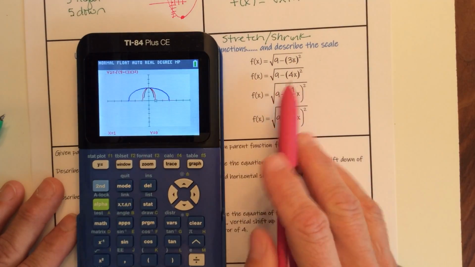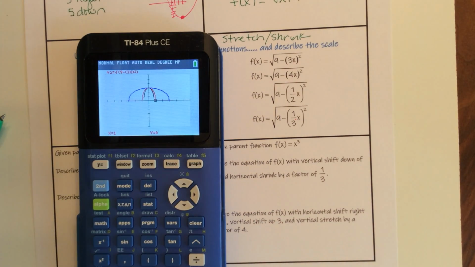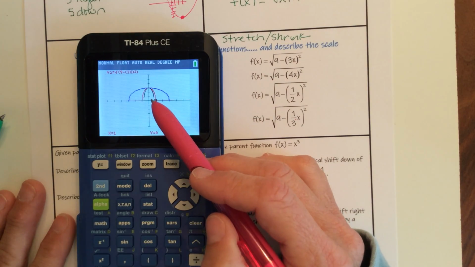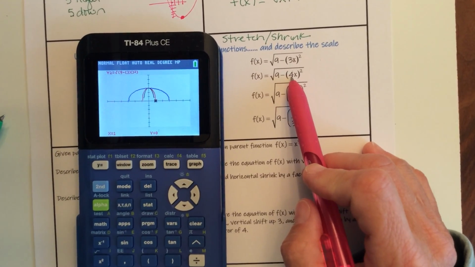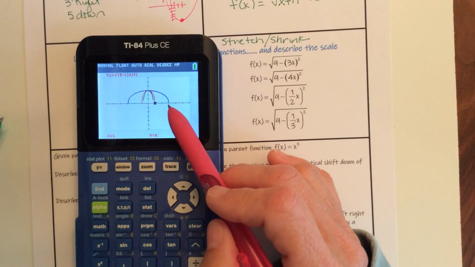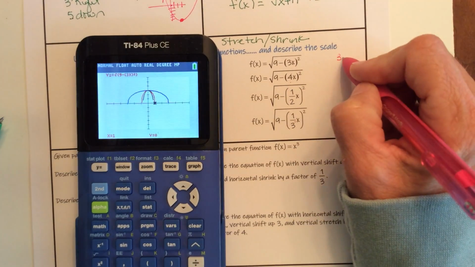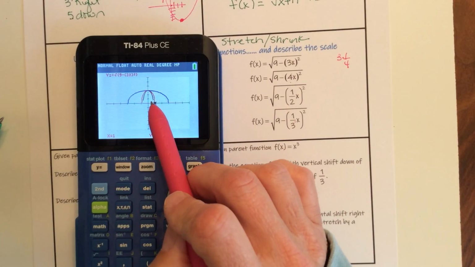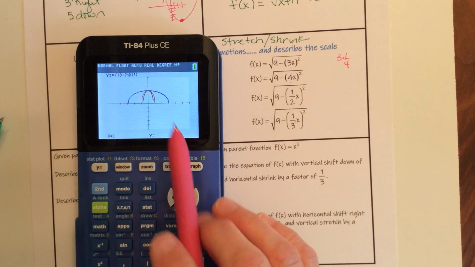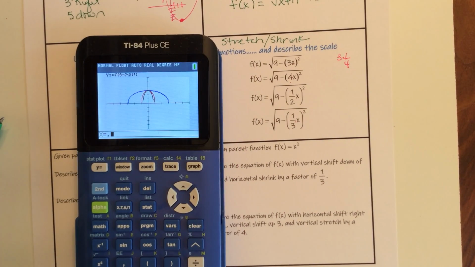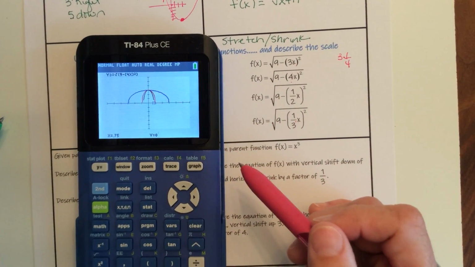Okay, so I graphed the one that's at 4 also. And so this point, the black point right there, on the black graph, since the x was multiplied by 4, then if we took the point at 3 and multiplied it by 1/4, then my x value for that point on the black graph, let me get up here on it, and I type in 0.75, you'll see that that's where that point is also.